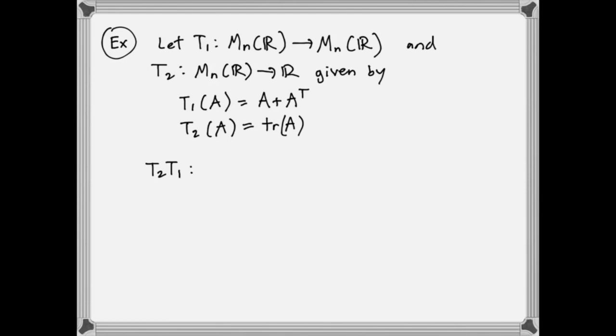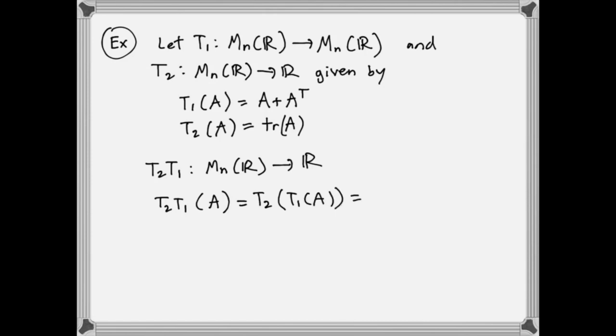T2 T1 goes from MnR to R. And let's see what T2 T1 of A is equal to. If we compose the two maps together, it means first we hit it with T1, and then we hit it with T2. When you hit it with T1, you get A plus its transpose.